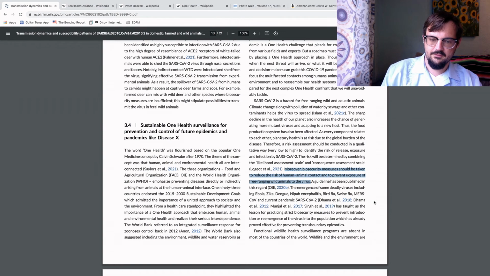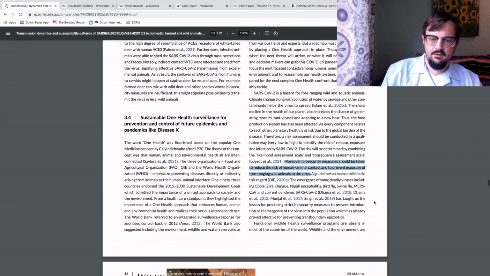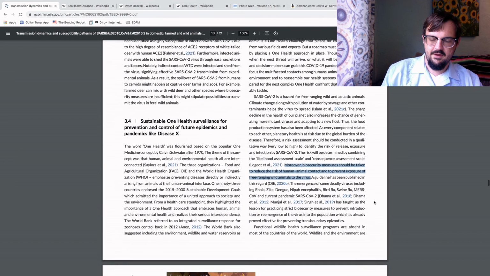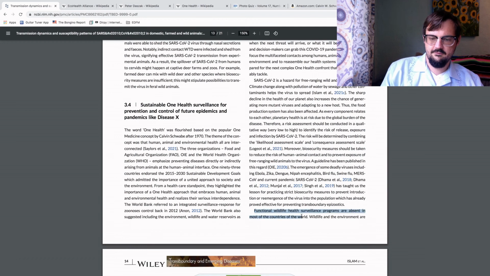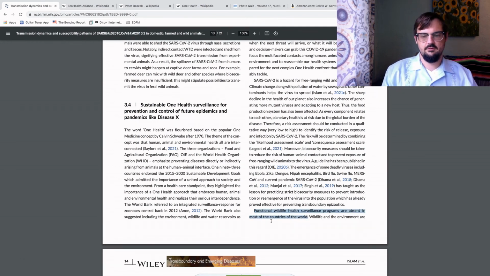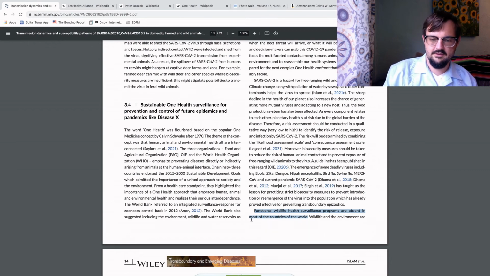And so we can go back and examine, in history, the effects of this type of surveillance and biosecurity and see if it's had an effect or not. Now, this is interesting. Functional wildlife health surveillance programs are absent in most of the countries of the world. And this is a problem here.